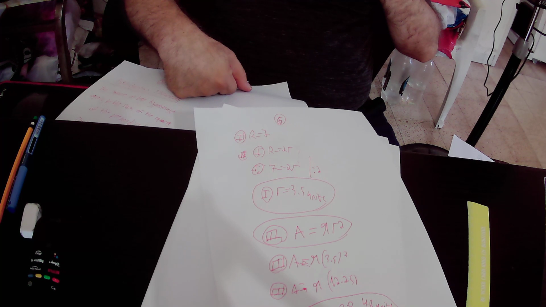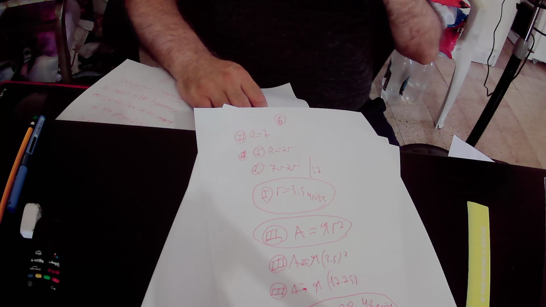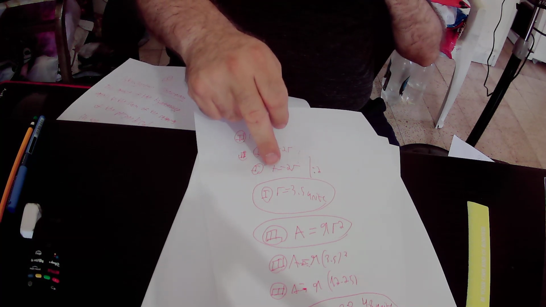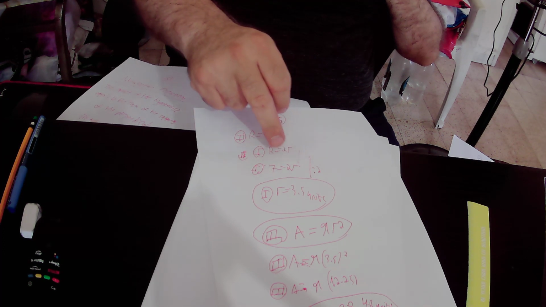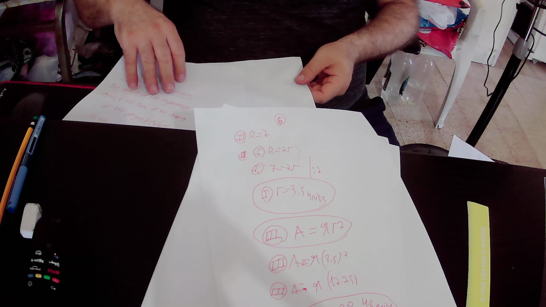After we know the radius of the yellow circle, it is very simple to find out the area, because the area equals pi times r square. We can substitute r by 3.5 units because r equals 3.5 units.